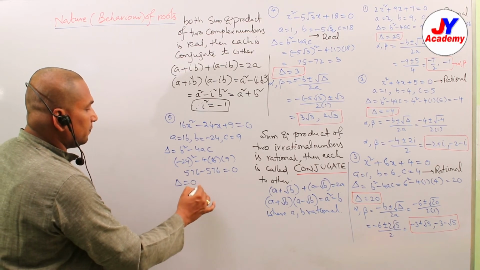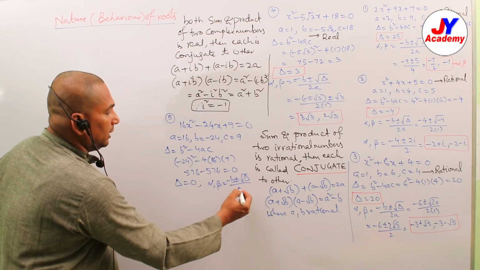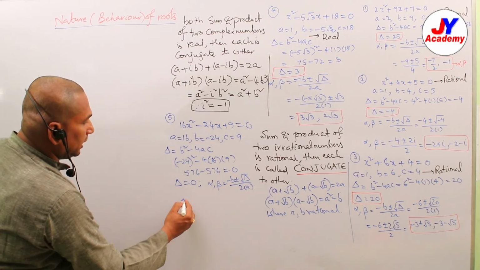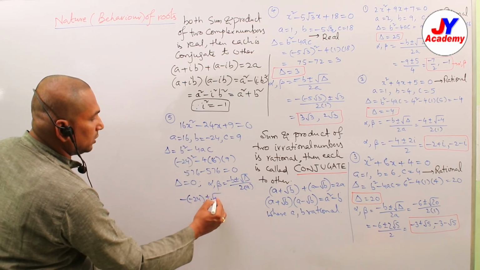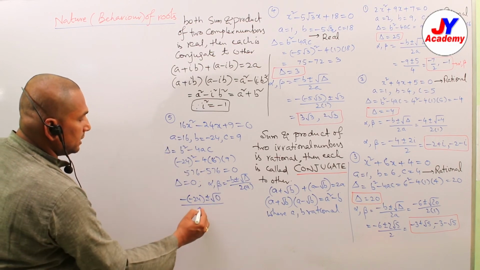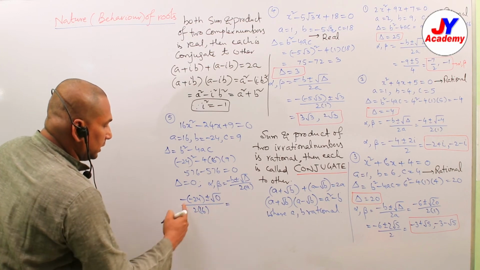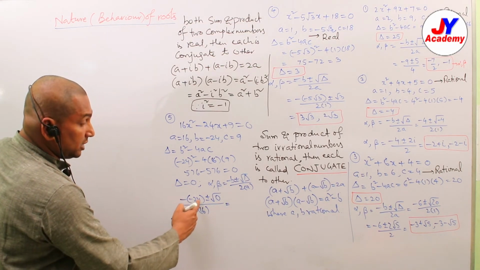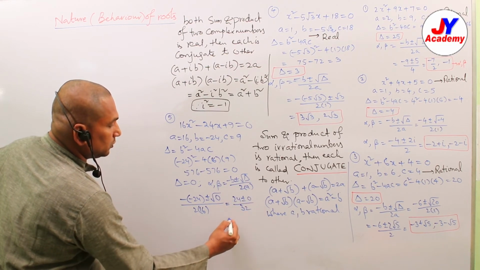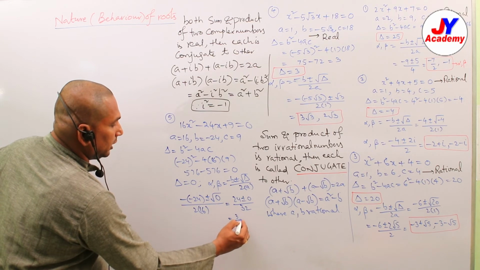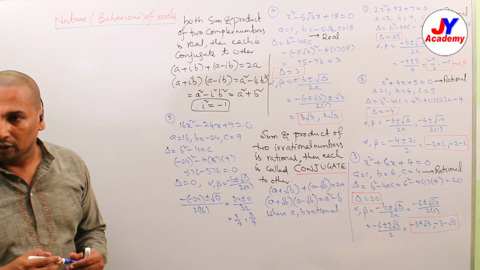So what is delta? 0. What is alpha beta? Minus b plus or minus root delta by 2a. That is minus of minus 24 plus or minus root 0 by 2 into 16, plus 24 plus or minus 0 by 32. So 8 3s 24, 8 4s 32. 3 by 4 comma 3 by 4. 3 by 4 plus 0, 3 by 4 minus 0.